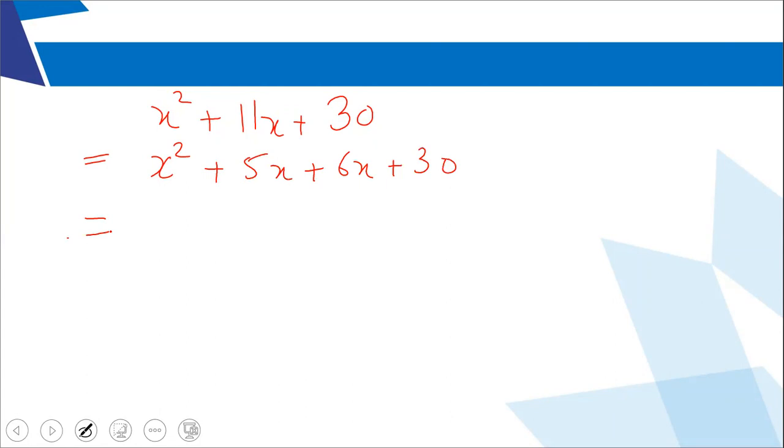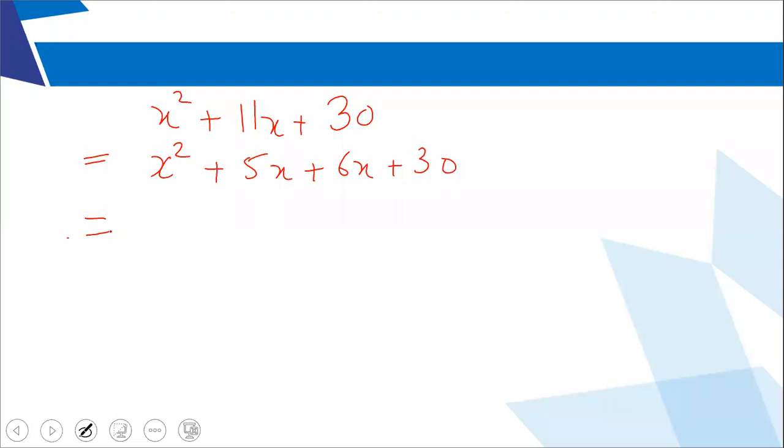Now, Aditya, tell me what are we going to do next? Ma'am, now we have to group the terms: bracket x square plus 6x and plus bracket 5x plus 30. Is that required, or can we just do it directly? Ma'am, that's not required.